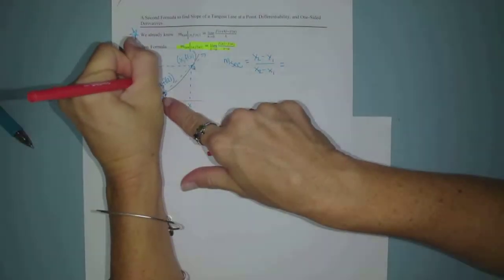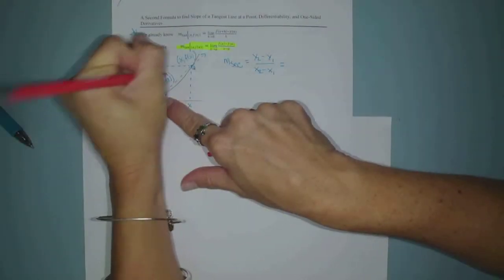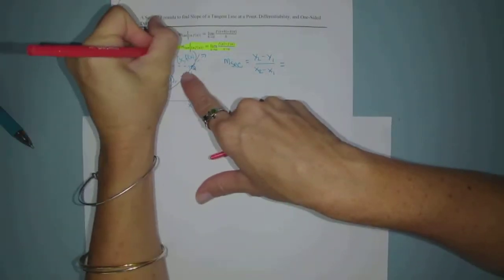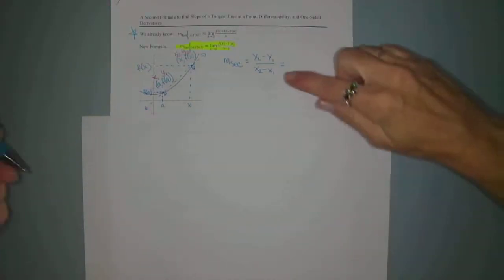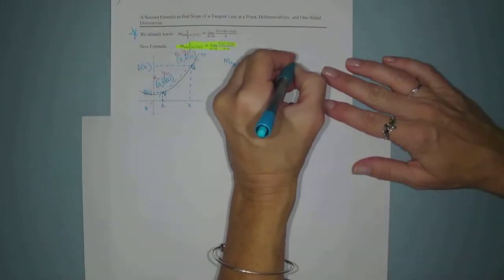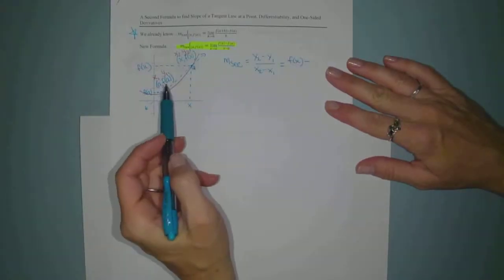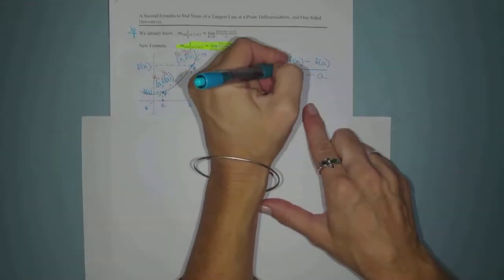Specifically for our graph, let's label this as our x sub 1, y sub 1, that's one point on the line, and this as our x sub 2, y sub 2. Following our formula, y sub 2 is f of x, minus y sub 1 is f of a, all over x sub 2 is x, minus x sub 1 is a. So this is the slope of the secant line through P and Q.